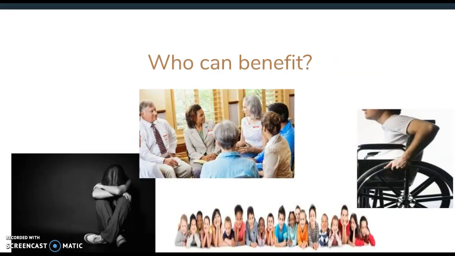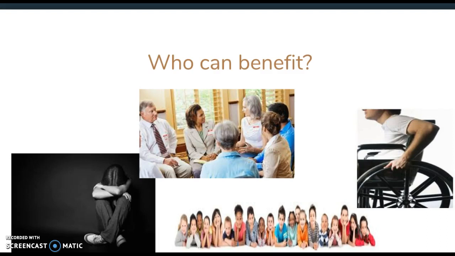So you may be wondering, who can benefit from problem-solving therapy? Is it everybody that we're going to work with in recreational therapy? It may or may not be, just depending on what the individual circumstance looks like. In Chapter 9 of our Facilitation of Therapeutic Recreation Services by Stumbo and Wardlaw, it suggests some groups as follows.